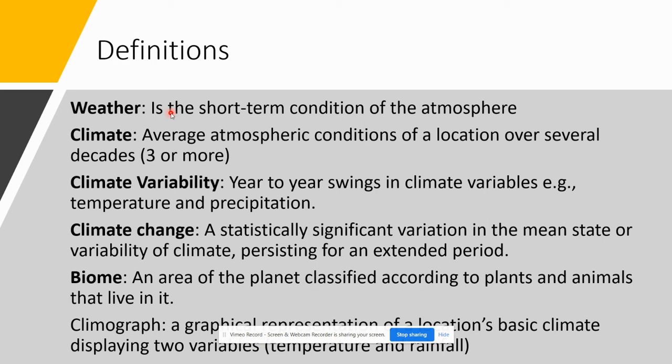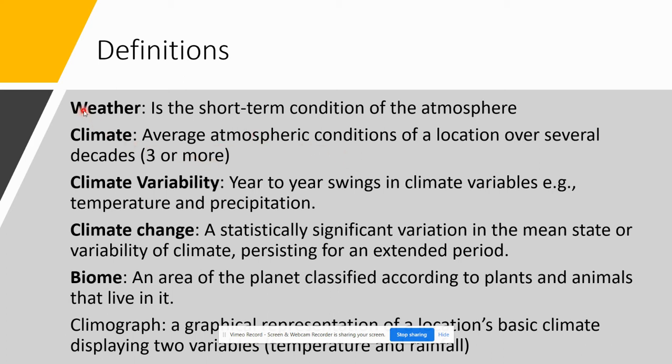It doesn't show you climate data. Why is it weather data? Because it shows a really short range of time, like today, tomorrow, the next 10 days. For the climate range, it has to be 3 or more decades of atmospheric conditions. So this is the basic distinction. It's all about the time range.